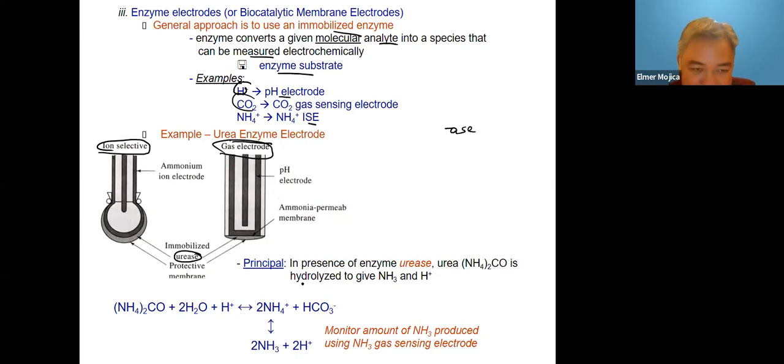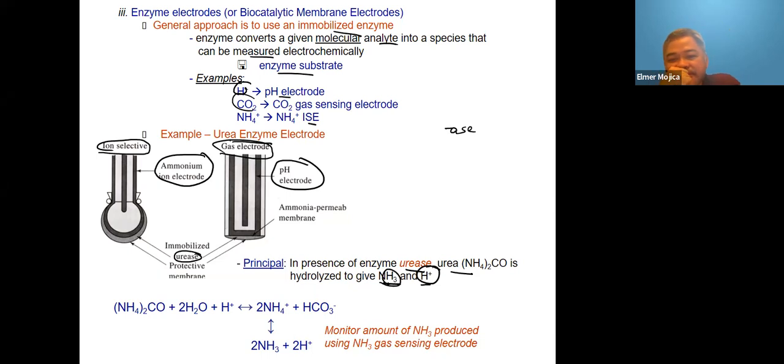So what happened? So urease would act with urea. So ano mangyayari? In the presence of the enzyme urease, your urea is hydrolyzed to give ammonium ion and H+. So i-connect mo siya either doon sa pH electrode na magdi-detect ng H+ or ammonium ion electrode na magdi-detect ng ammonia.